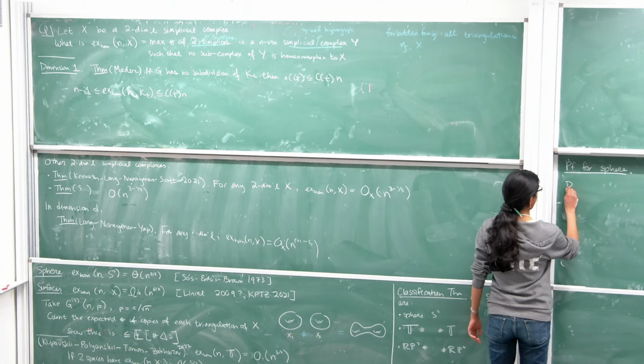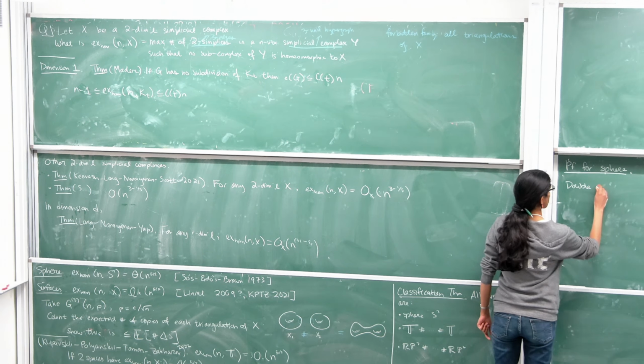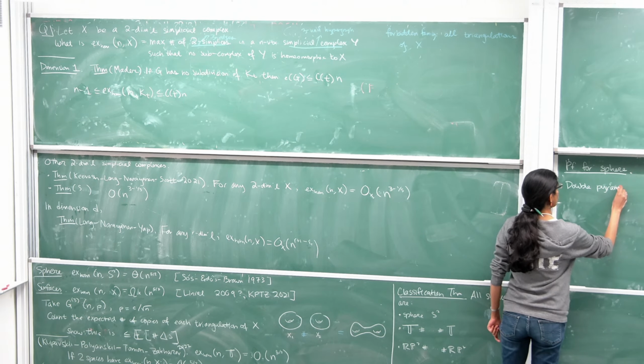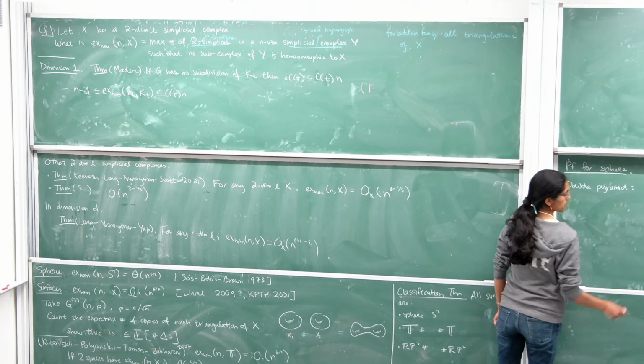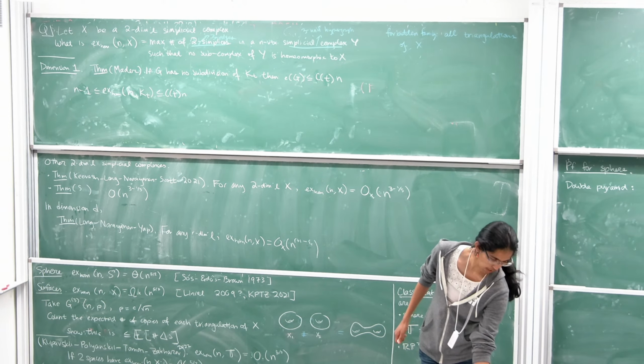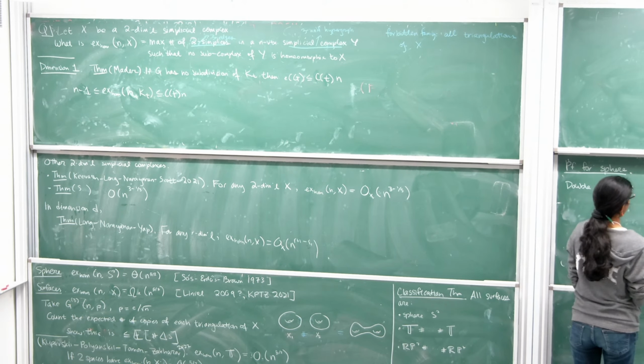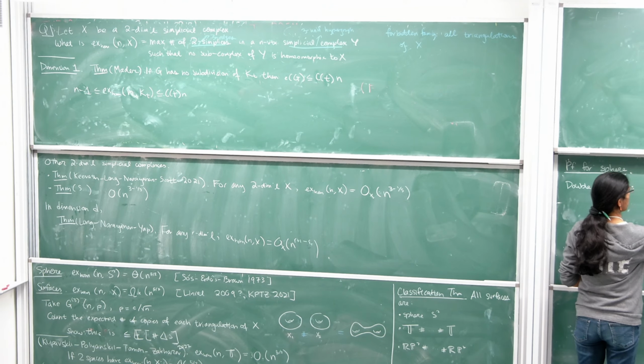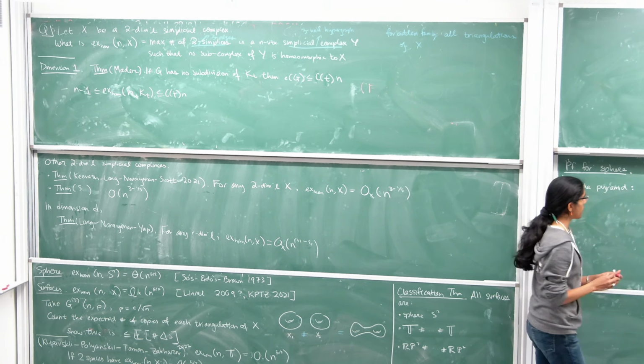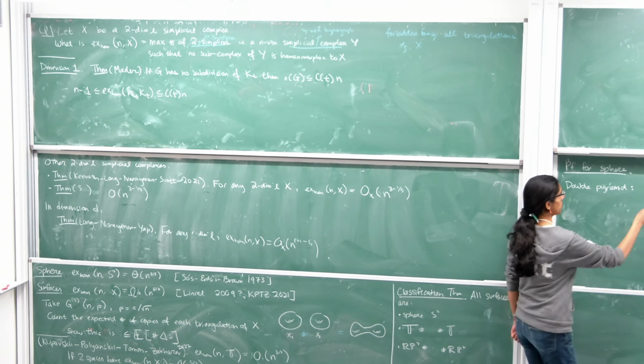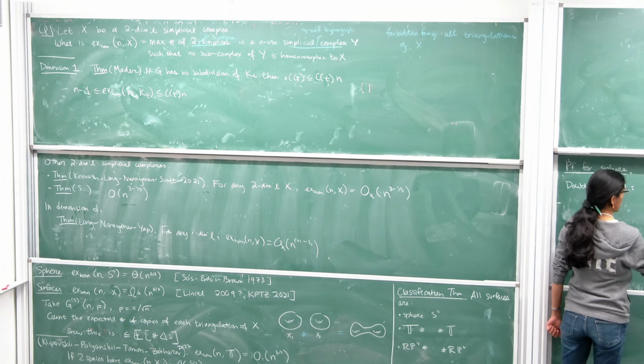We're going to find something called a double pyramid. What this is: you have a cycle of some length, and then we have two vertices, one at the top and one at the bottom.